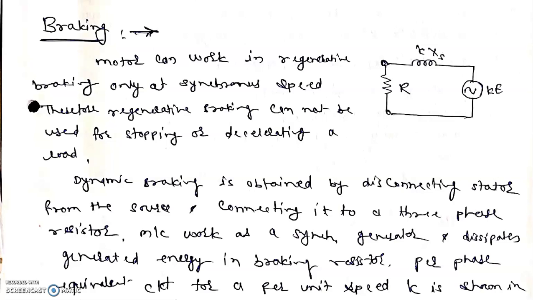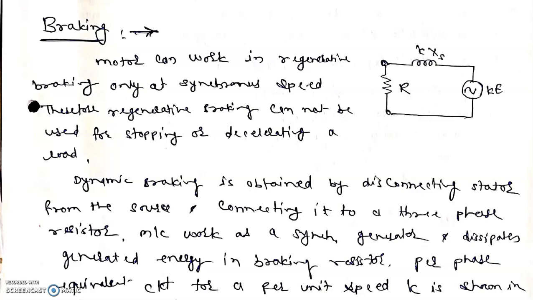because in the regenerative mode, the motor works as a synchronous generator, and to work as a synchronous generator the motor speed must be the same as the synchronous speed. That means the speed cannot be reduced in that case.